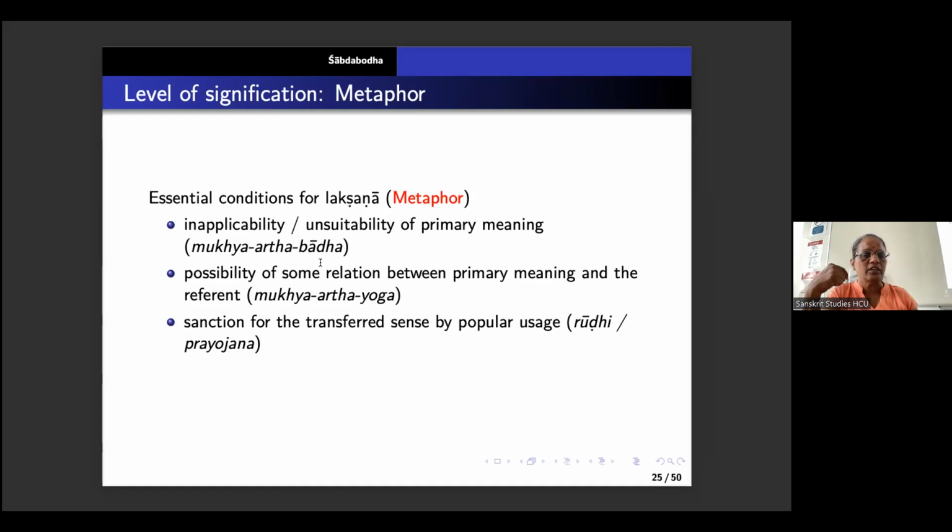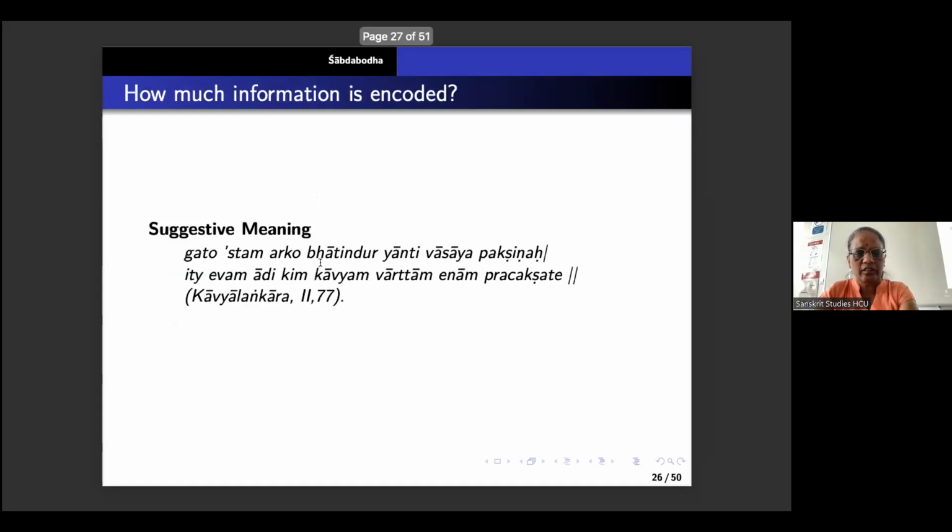So this extension, you can have the extension provided there is some relation between the 2 meanings. You cannot extend it arbitrarily in any way. And that is about the second kind of meaning, that is the metaphoric meaning.